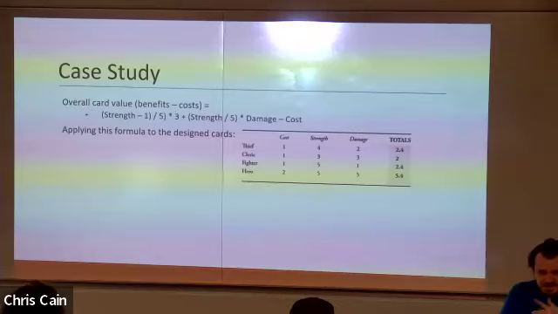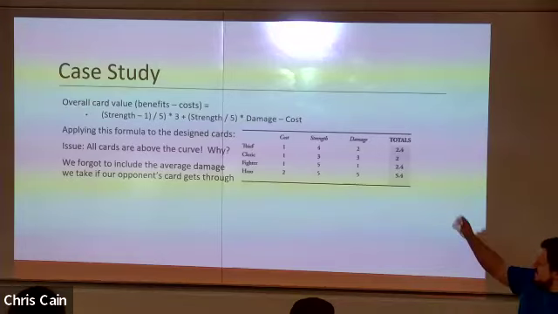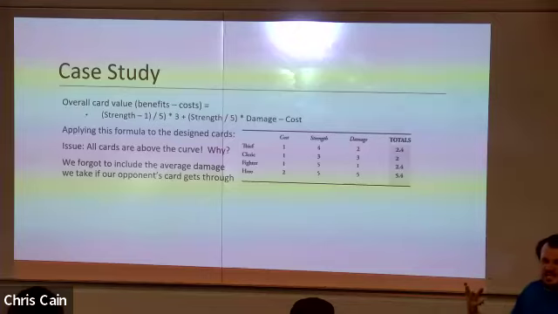So the first thing to note is, all cards are above the curve. Well, we haven't included the average damage if our opponent's card gets through. So we can scale this by adding to the cost not just the cost of the card, but the chance that our opponent's card is not removed and does damage back to us.